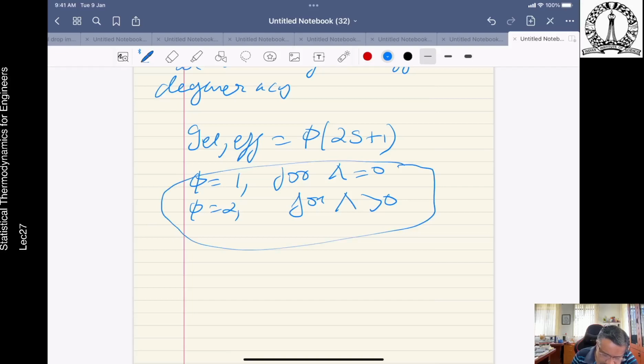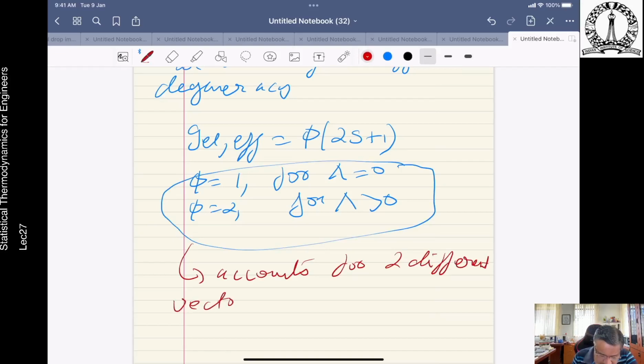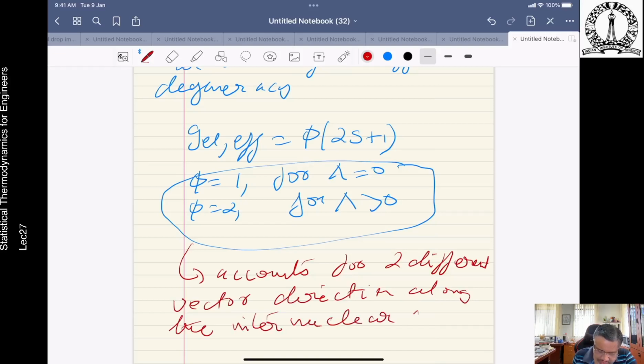So this accounts for two different vector directions along the internuclear axis when L_AB is greater than 0.